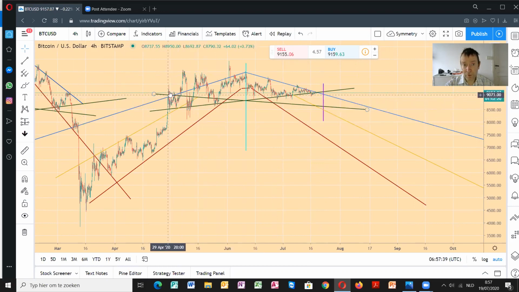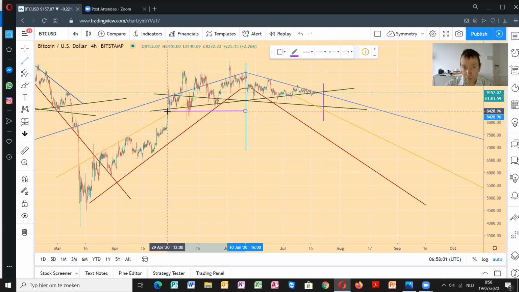And we see that here we had a big move, and this purple line represents this big move. And we have a symmetry around this light blue line.